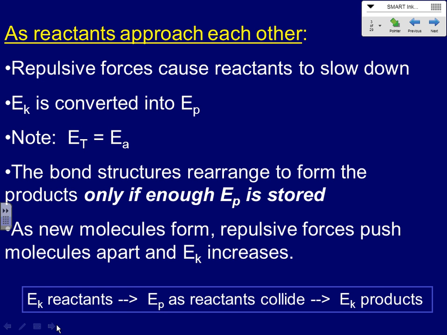And so at that point, one starts to slow down, and the other one in front starts to speed up. They start to push on each other. Now, at that point, the kinetic energy gets stored as potential energy. In this case, the spring gets squished. There's some storage of energy there.